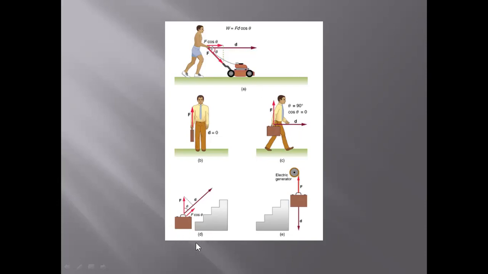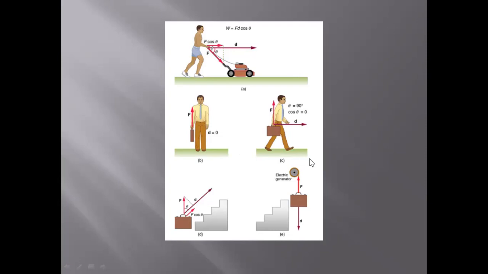Then we have your fourth example, where a suitcase is being carried with the amount of force F, walking upwards in displacement diagonally upwards on a staircase. So we're going to get now the amount of work. Work is still equal to F cosine theta multiplied by the displacement.